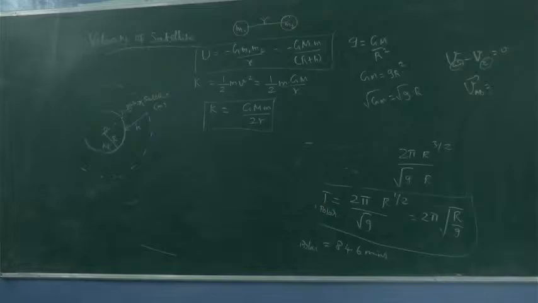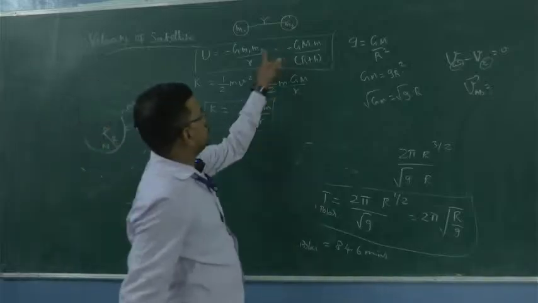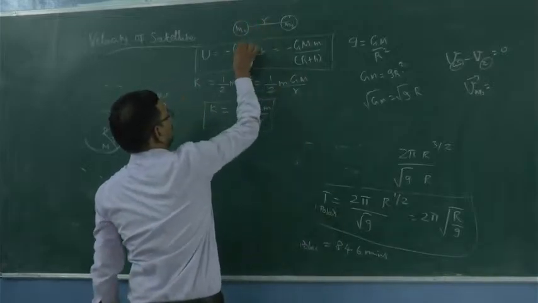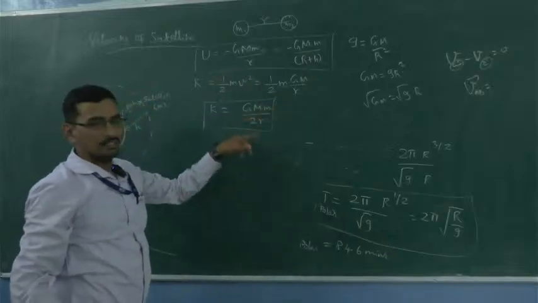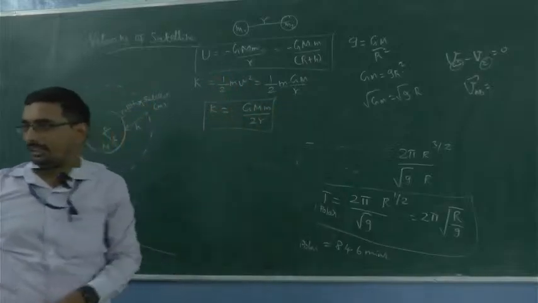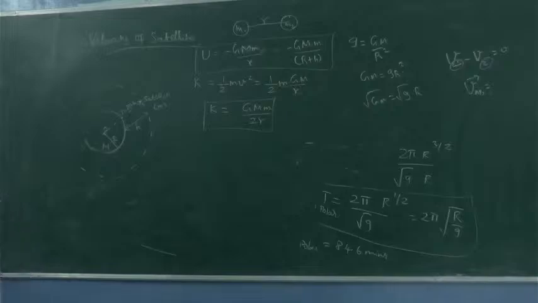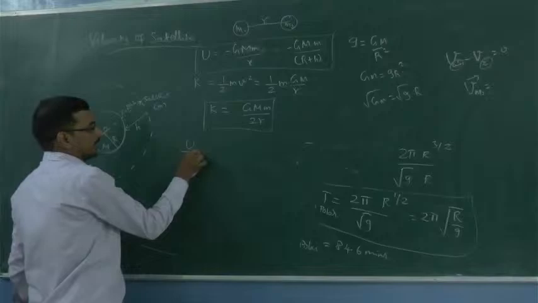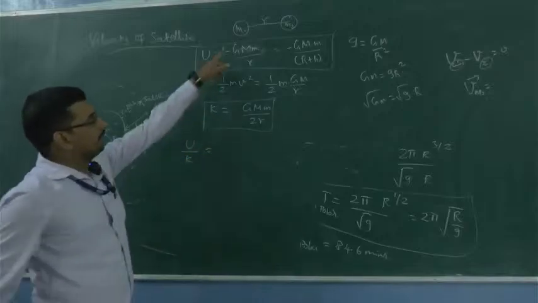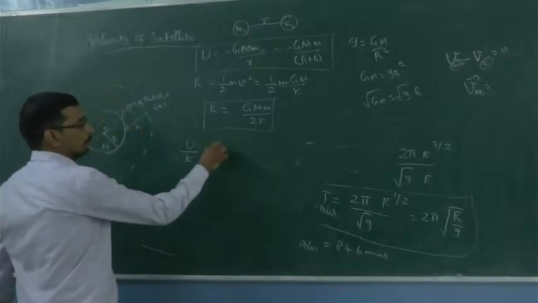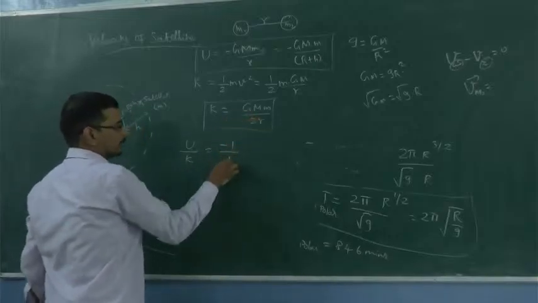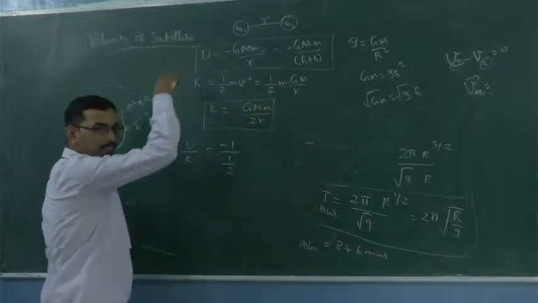What is the difference except that sign? In both equations we have G, small m, capital M, small r. In kinetic energy the denominator has 2, whereas in potential energy we do not have that 2. What is the ratio of potential energy and kinetic energy? When we divide these two, we can get the ratio. Here we have minus 1, there plus 1 by 2. All other things will cancel.